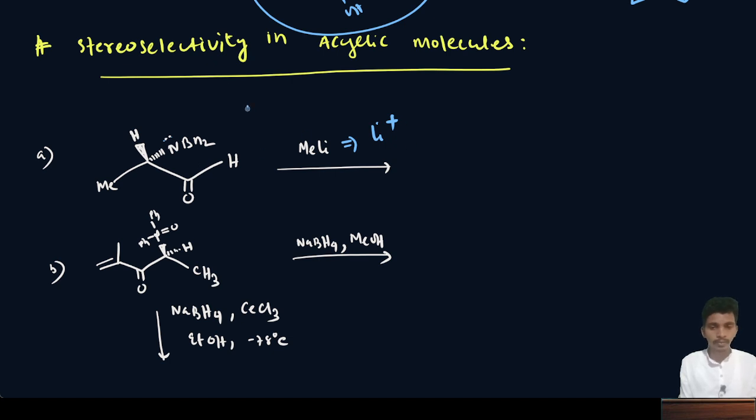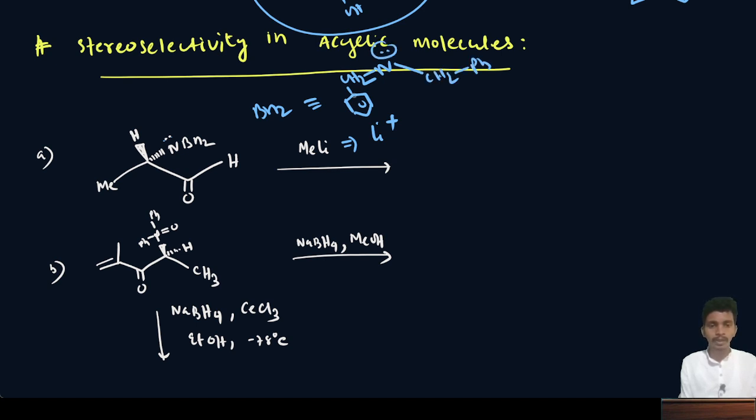So this is actually CH2 Ph, and here again we have CH2, this vinyl group.